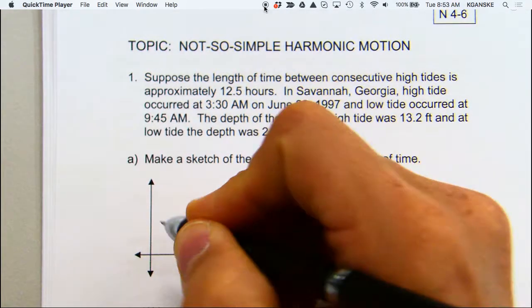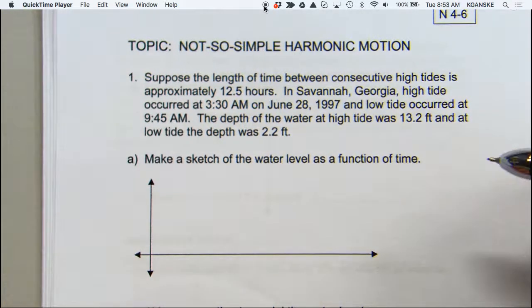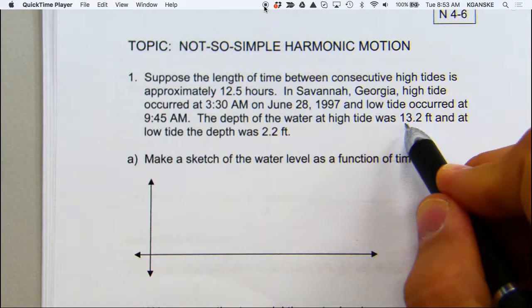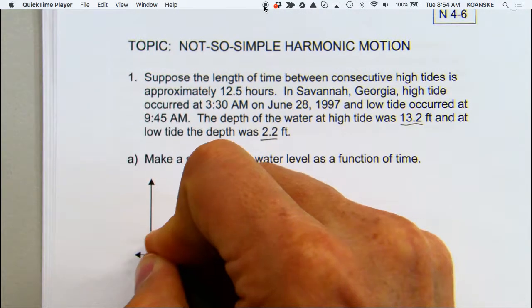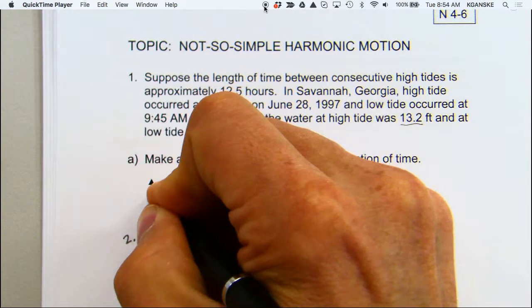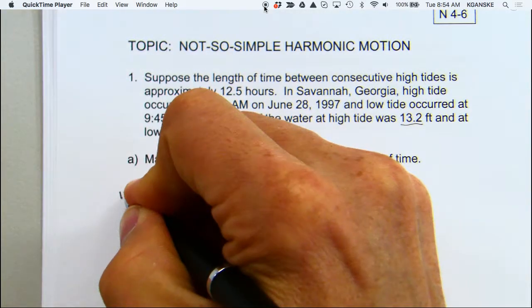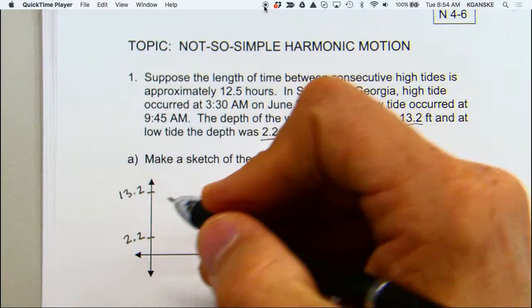So the best thing to do to start is to try and find your middle line. We're going to bounce in between 13.2 and 2.2, right? So let's put those out. Okay, so we can just do the calculation here.